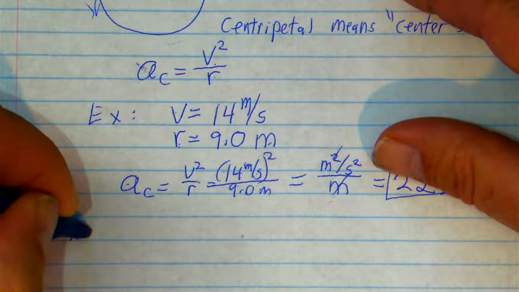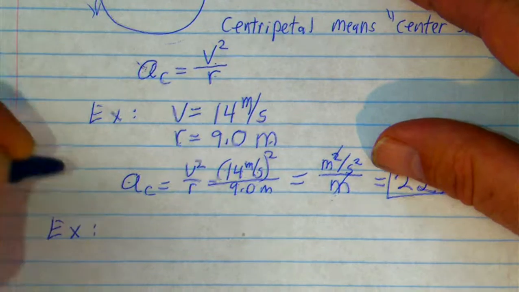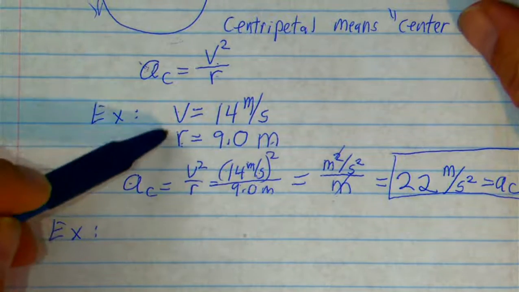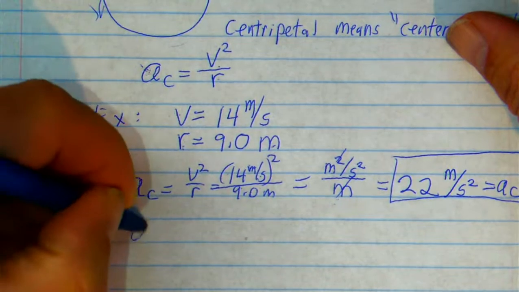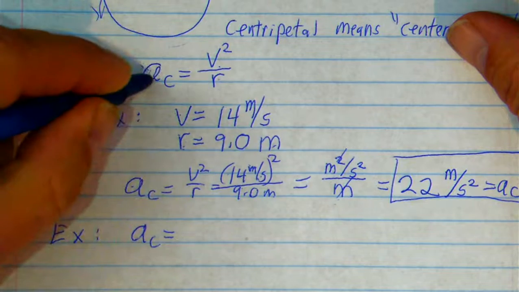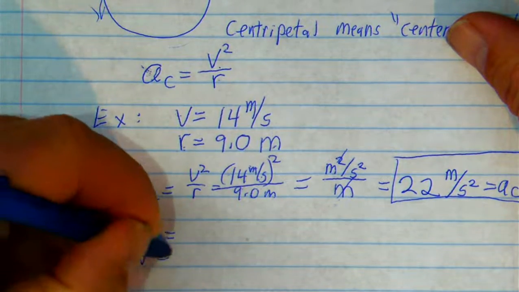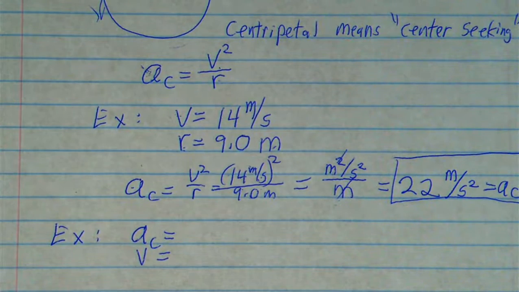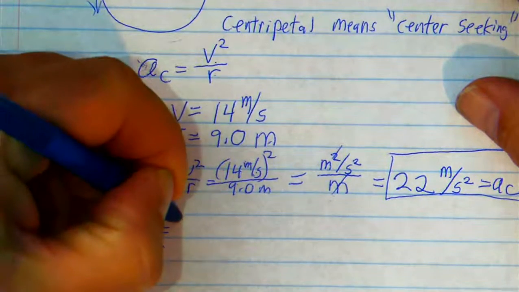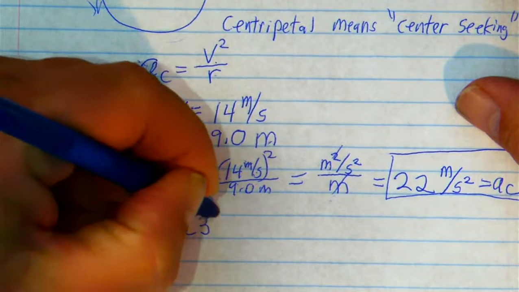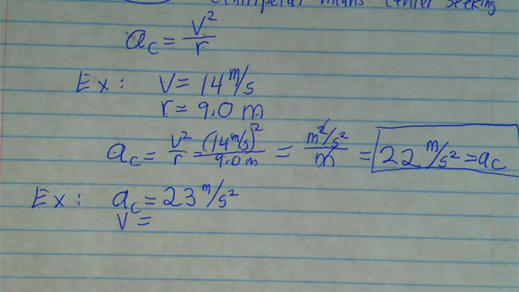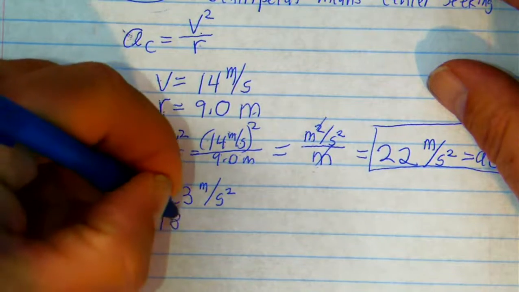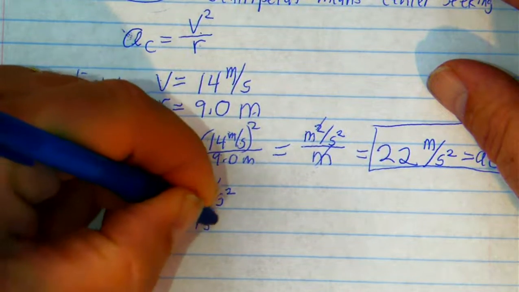Let's practice some more and do a second example. In the second example, instead of being given the speed and the radius, let's be given the acceleration and the speed. All right, random student value, an acceleration of 23 meters per second squared. Now we need a random value for the speed. Random speed is 18 meters per second.